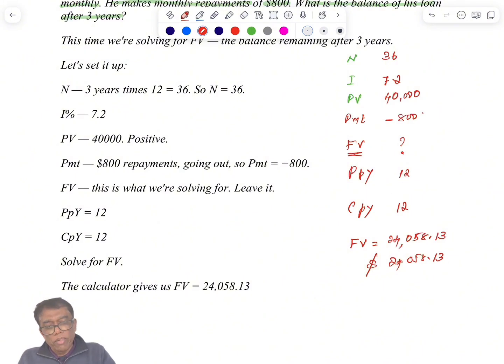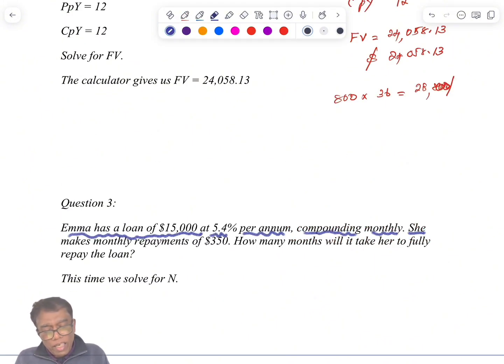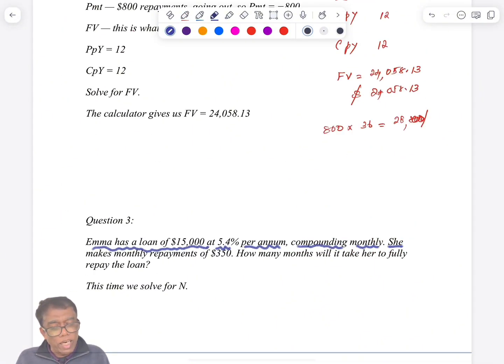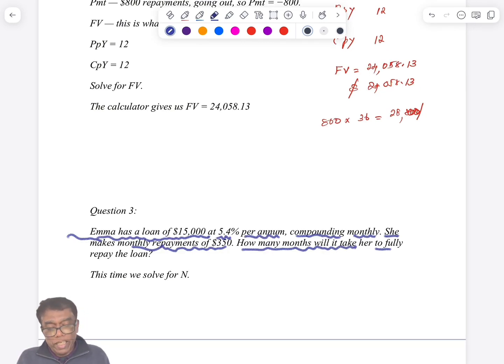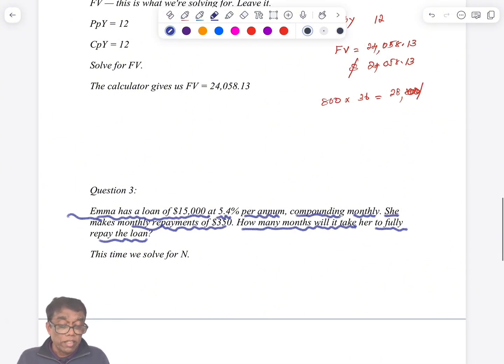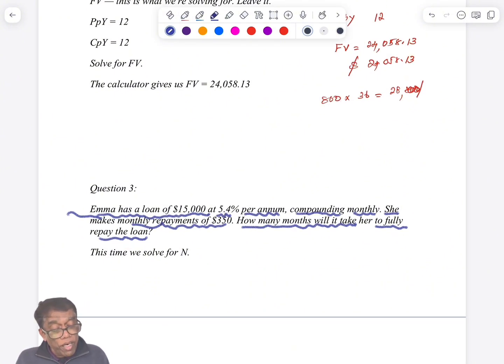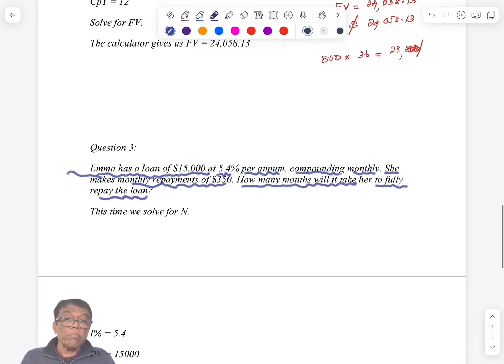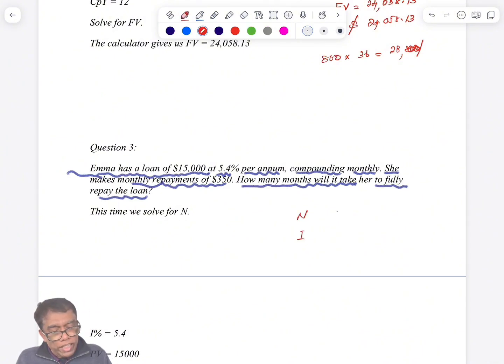We'll go to question number 3. Emma has a loan of $15,000 at 5.4% per annum, compounding monthly. She makes monthly repayments of $350. How many months will it take her to fully repay the loan? This time we have to solve for N. N is unknown. I is 5.4.